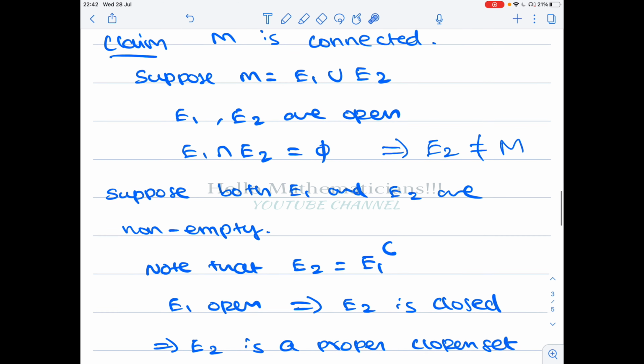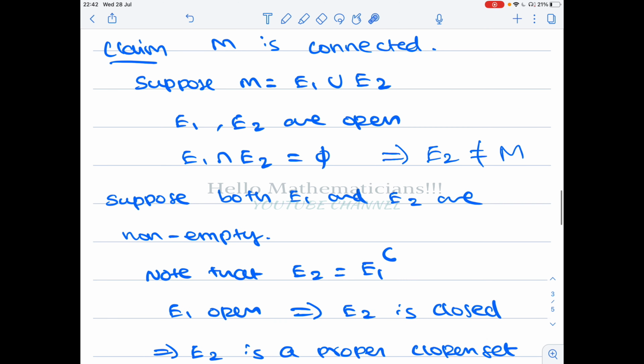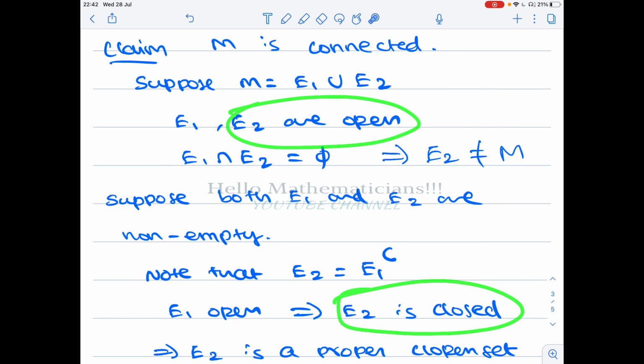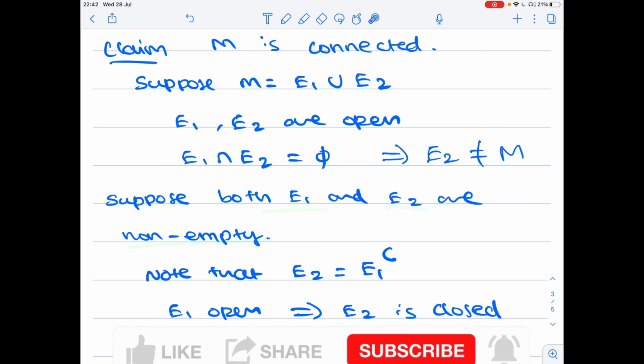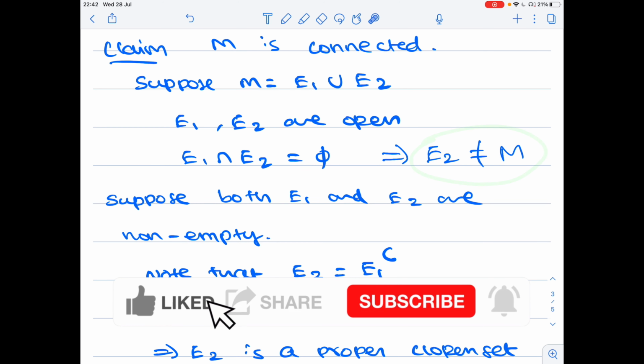If E2 equals M, then E1 intersection E2 cannot be empty. Therefore E2 is an open set and E2 is a closed set, and we assumed both E1 and E2 are non-empty, and we know E2 is not equal to M also.